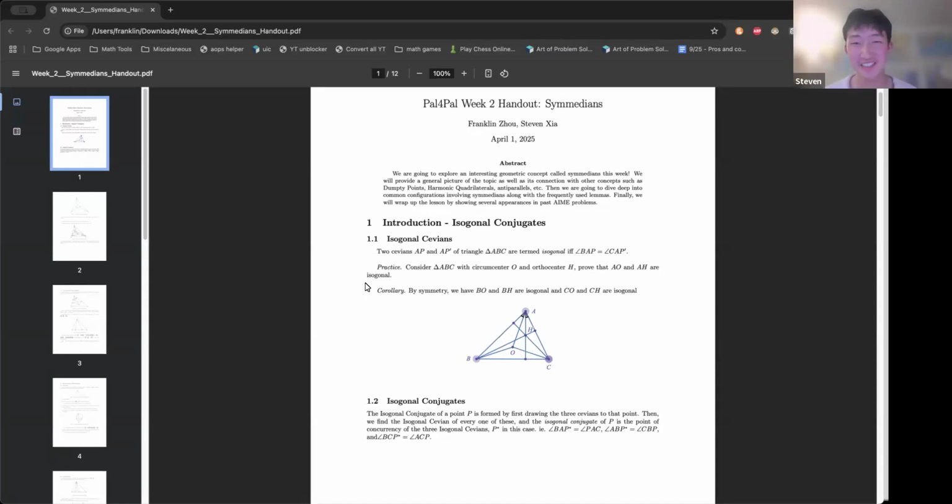Cool. Before we get officially started, would you please raise your hand, the reaction, if you have heard about Symmedians before, just heard about the word before tonight. Is there anyone? You can raise your hand on the lower bar. Oh, cool.